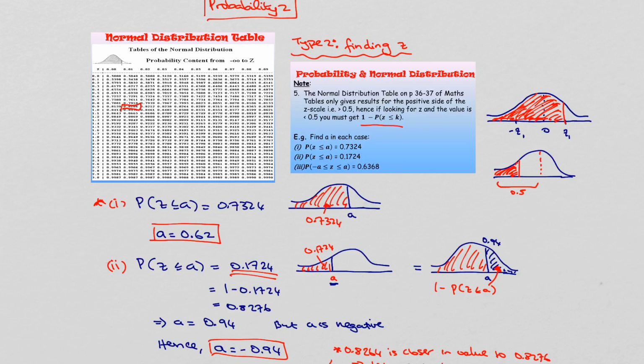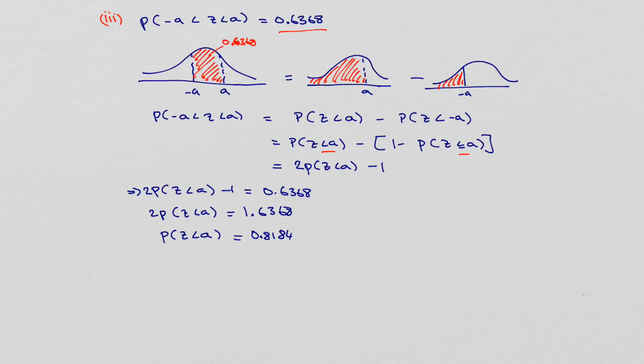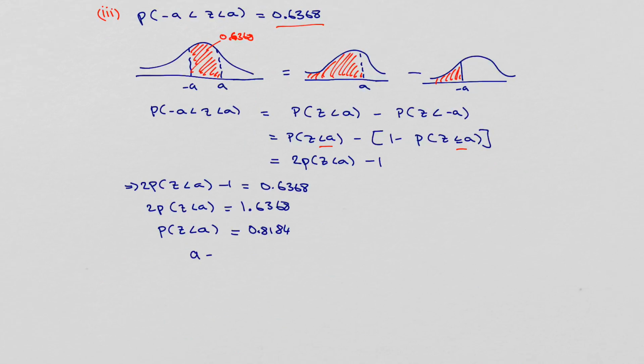Well, I don't have 0.8184, but what I do have, if I highlight that better, is 0.8186. Now I can see that it must be 0.8186 because the next value just underneath it is 0.8159, which is much further away. So the value, if I go across, has to be 0.9, and if I go up, has to be 1. So in other words, A has to be 0.91.